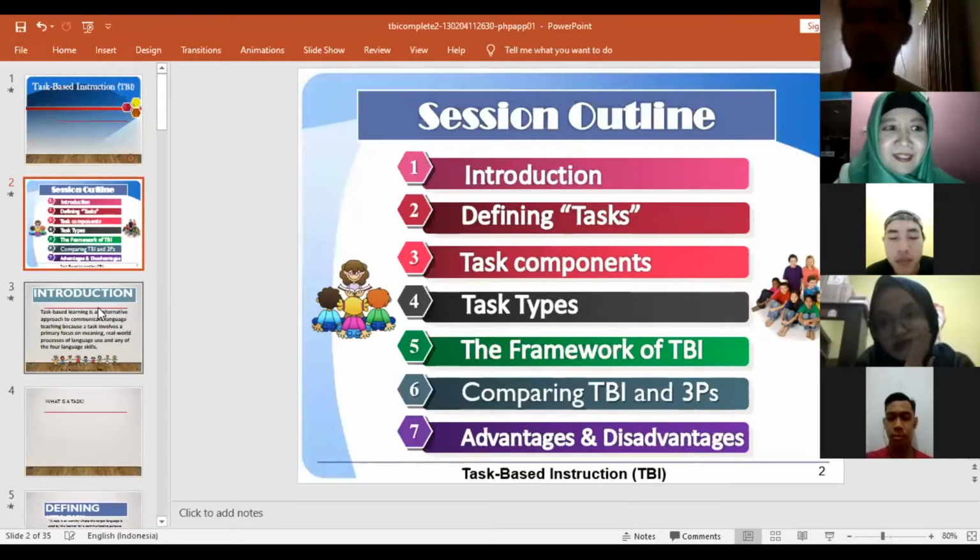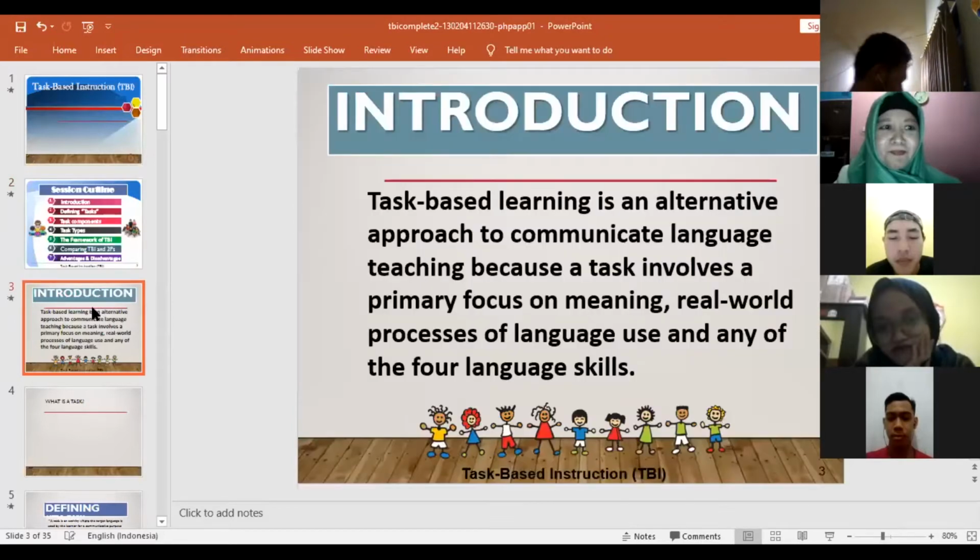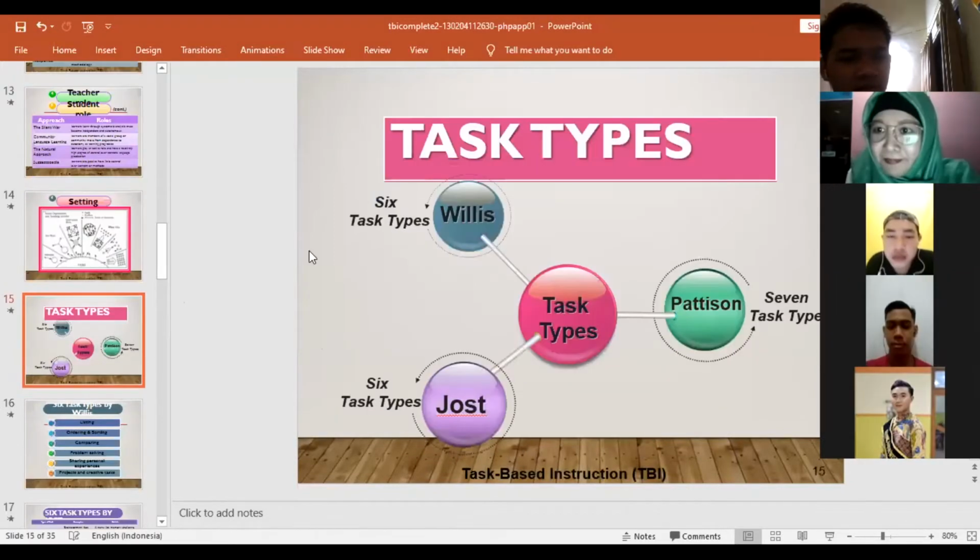This is what we are going to learn, task-based learning. This is an alternative meaning. You have mentioned before that it deals with assignment, something that students do, very good. Maya, Hussein, Alvin, you have already understood how to do it.